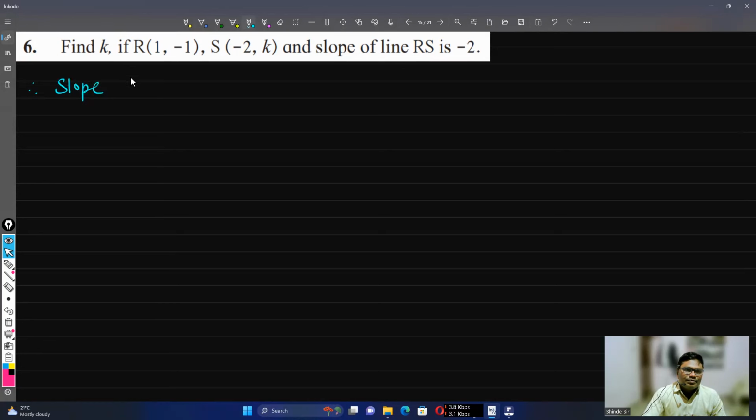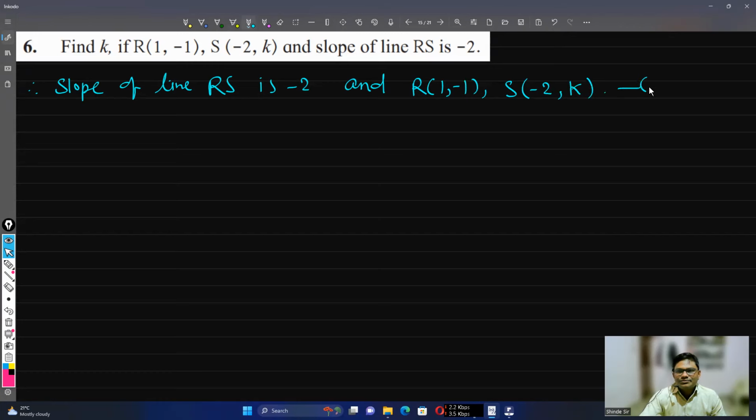Slope of line RS is minus 2, and the coordinates of R are 1, minus 1 and of S are minus 2, k. So it is given.